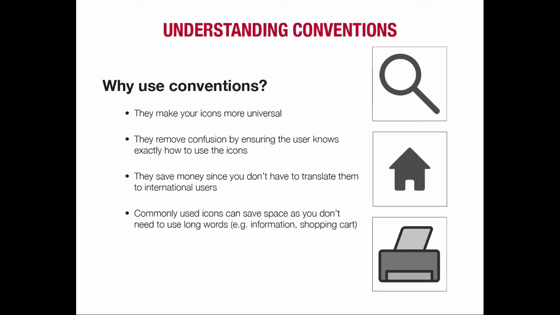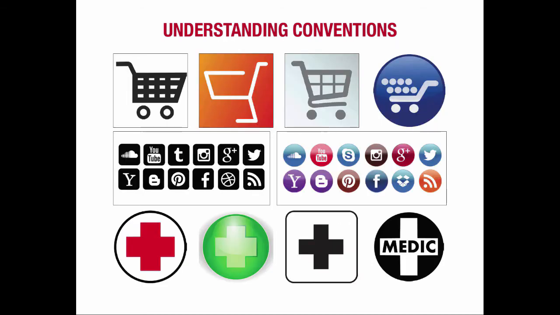Using conventional icons doesn't mean you're stuck with someone else's interpretation. Even when asked to design conventional icons, you can be creative, as you can see here, as long as you respect the core message that needs to be transmitted by these icons.